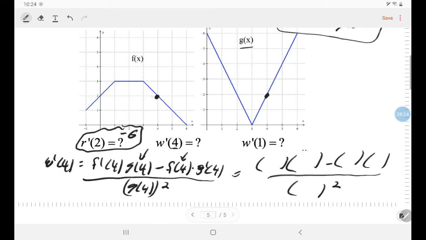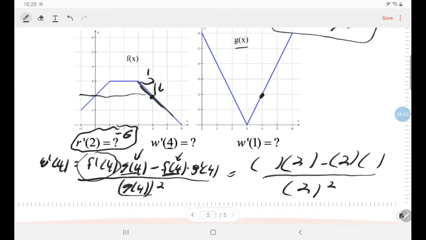So f of 4 has a y value of 2. So I'm going to replace where this is with a 2. G of 4, well, that was easy. It has a y value of 2 also, which makes g of 4 squared 2 squared. Cool. So now I need f prime of 4, which means I want the slope here. It appears to go over 1, down 1.